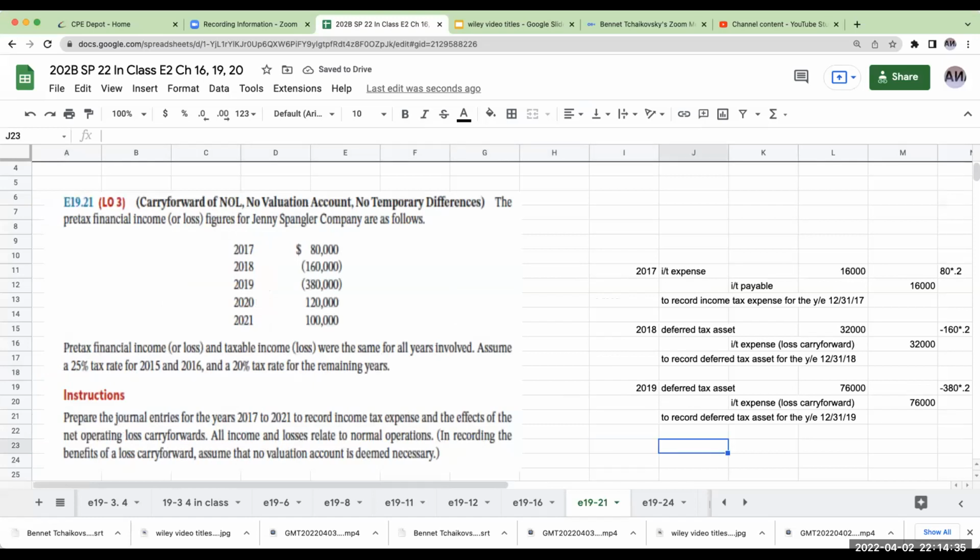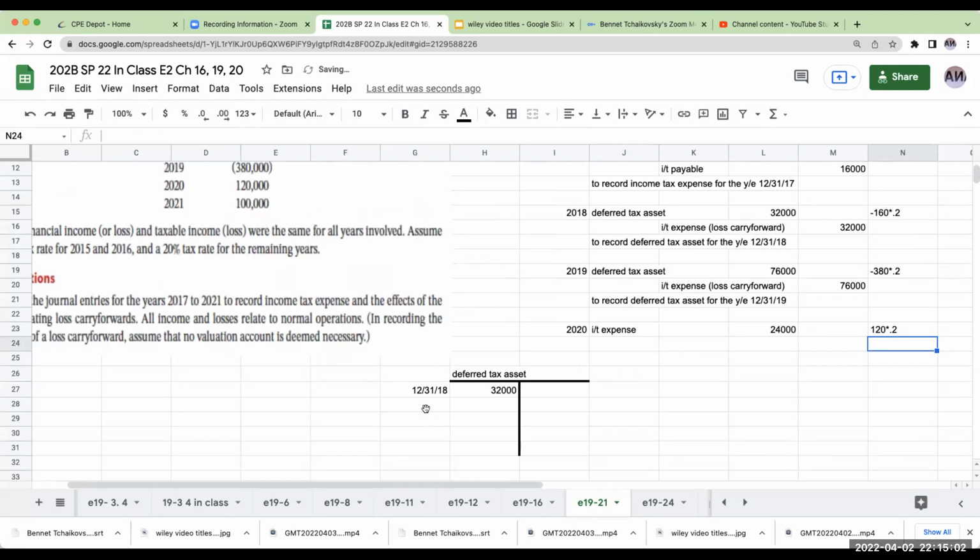Okay, in 2020, I am going to record income tax expense. When I go through and record income tax expense, this is going to be 120,000 times 0.2.